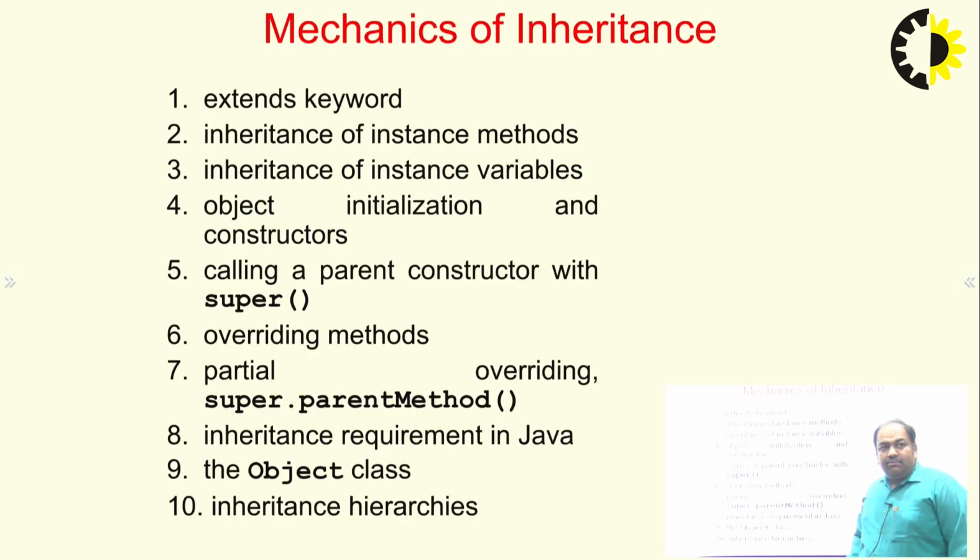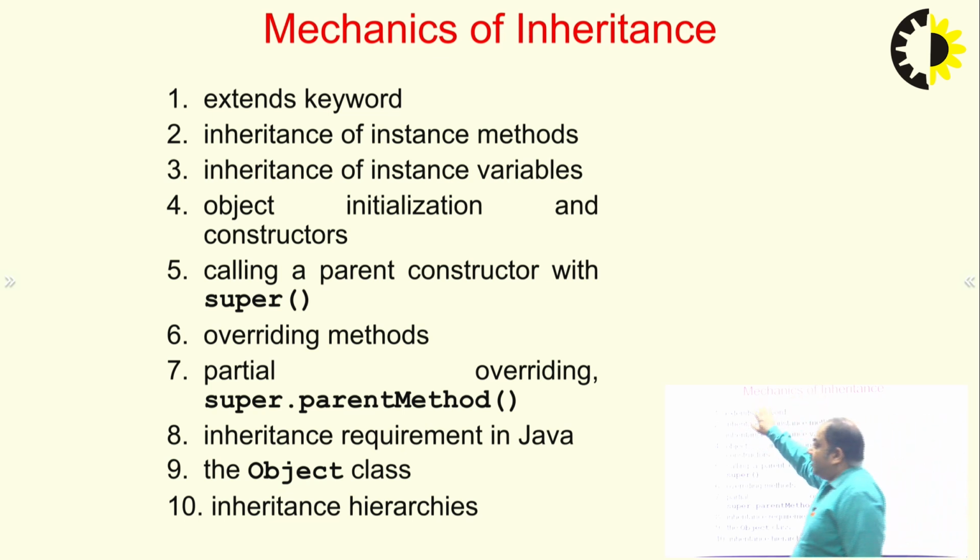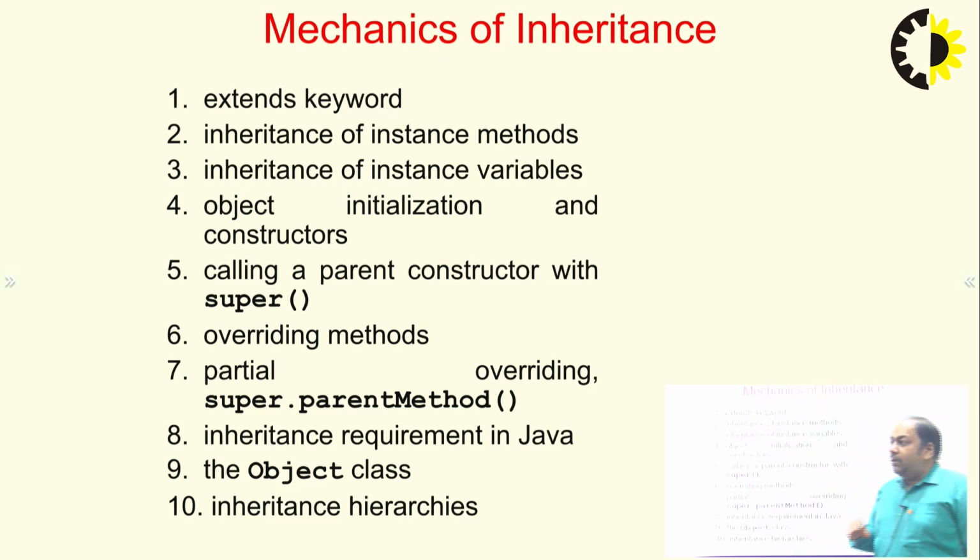There is a mechanism of inheritance by which we can show that this class is a base class or this class is a derived class or subclass, by using the keyword extends. We use the extends keyword to define the inheritance of the child class from the parent class.